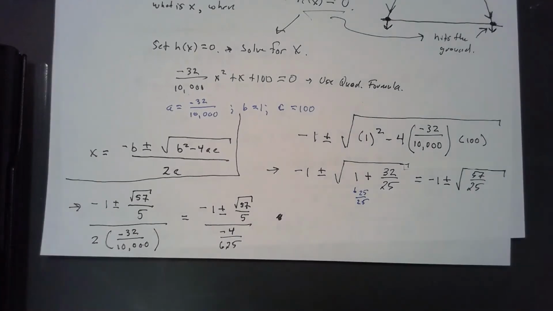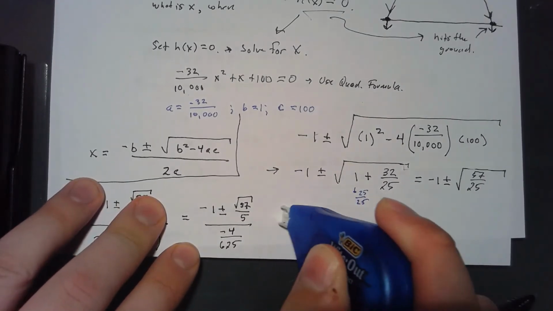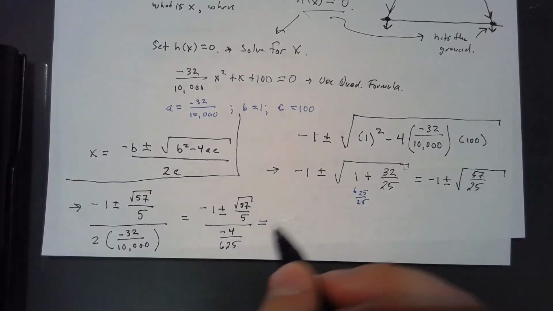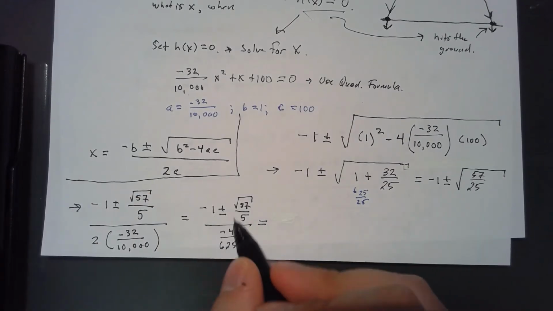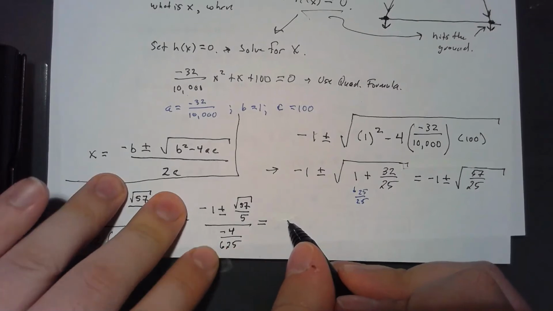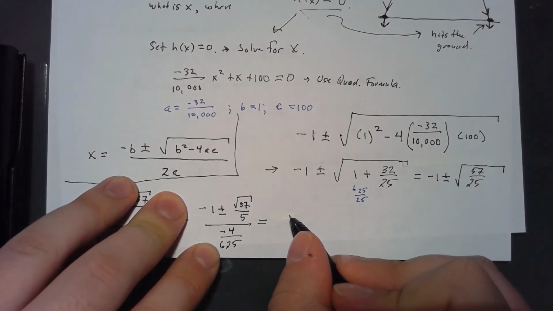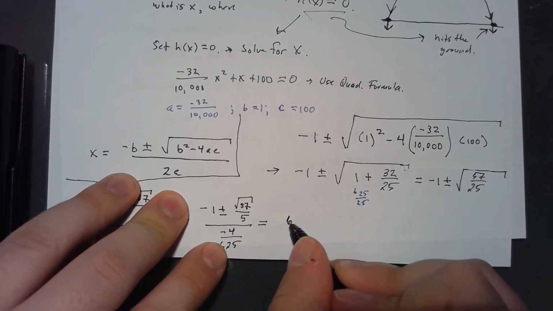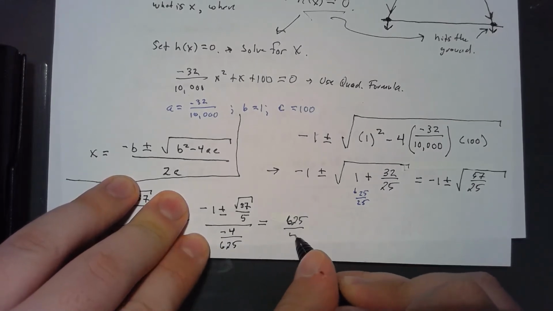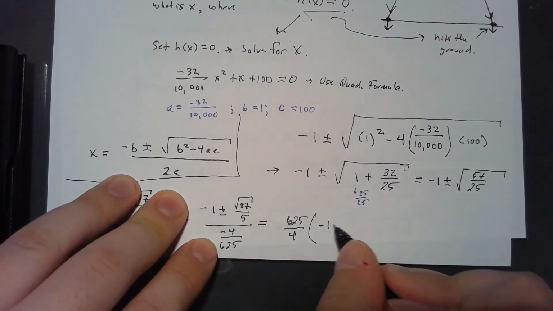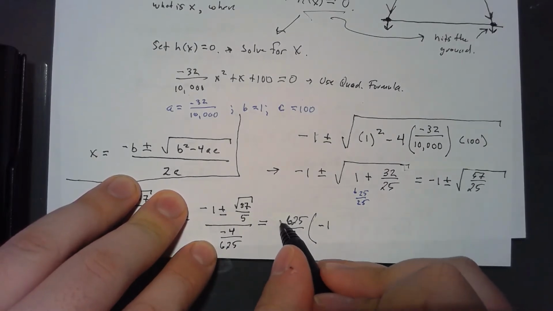Alright, let me get rid of that ugly thing. To bring this up, just multiply by the reciprocal. So I'm going to have 625 over 4 times the numerator, which was negative 1... Oh wait, this is still negative, sorry.